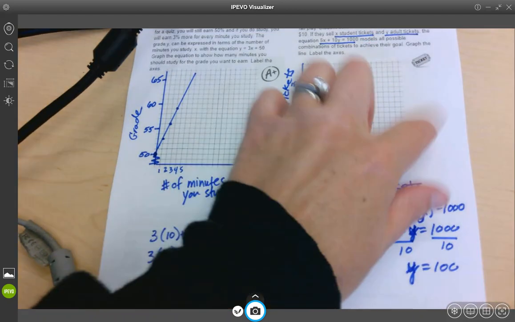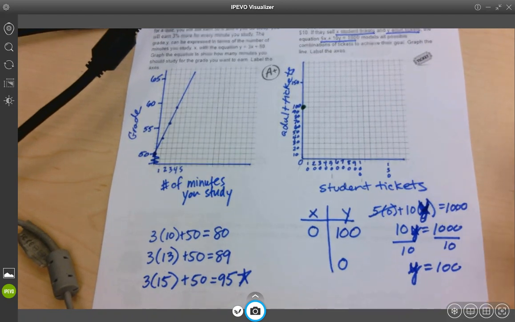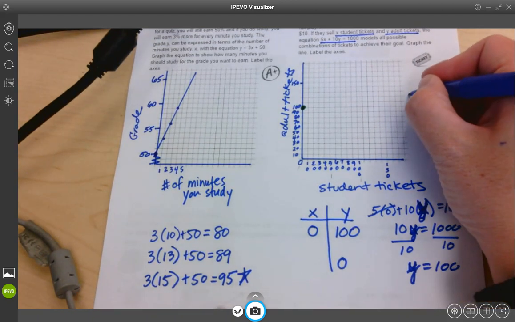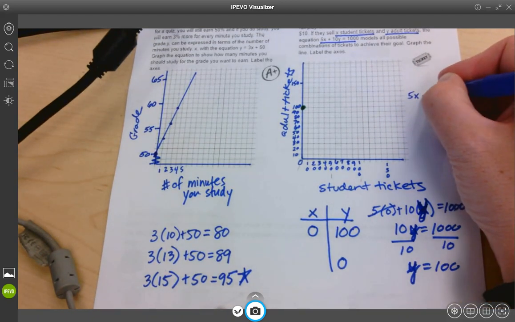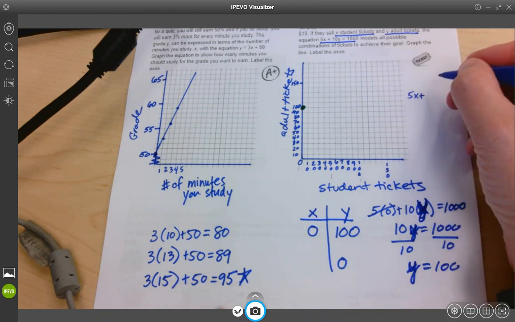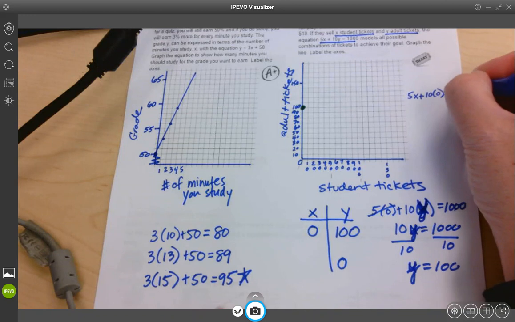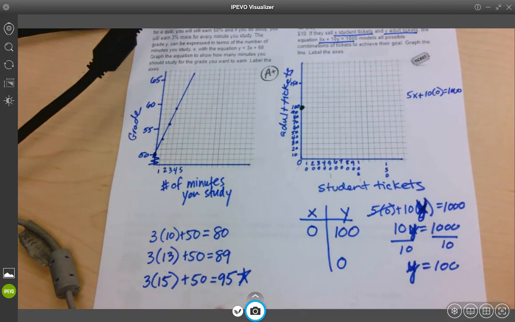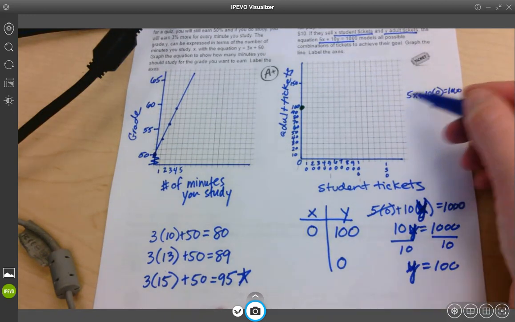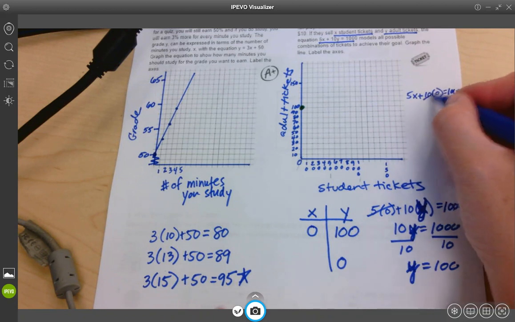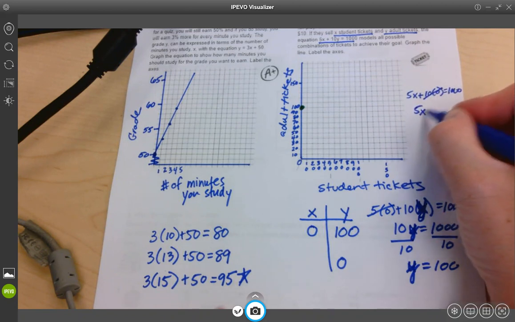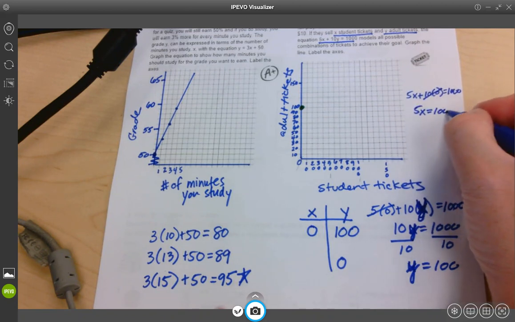And then I think I'll use this space over here just so I don't have to zoom out. So then I'm going to do 5x plus 10 times 0 equals 1,000. And then this makes 0. And I get 5x equals 1,000.